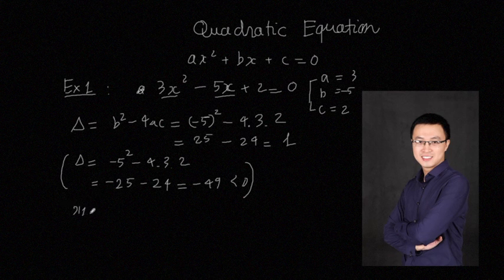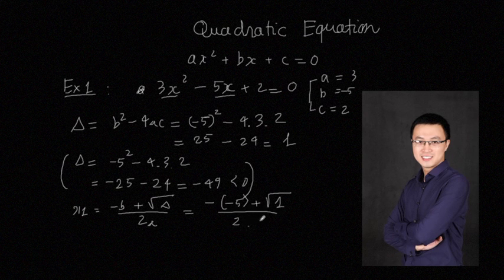And after you find delta, you can easily find x1, negative b plus square root of delta divided by 2a. For negative b, you have the minus of minus 5, and plus square root of delta, you got 1, and divide by 2 times 3 here, and you have plus 5 and 1, 6 divided by 6, you got 1.